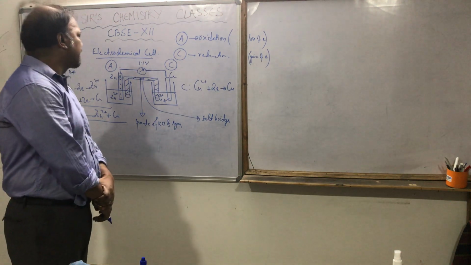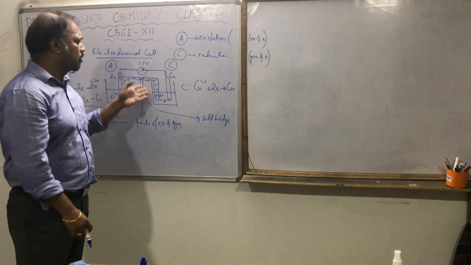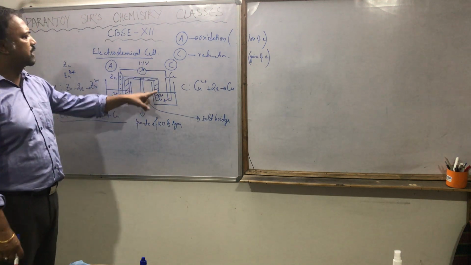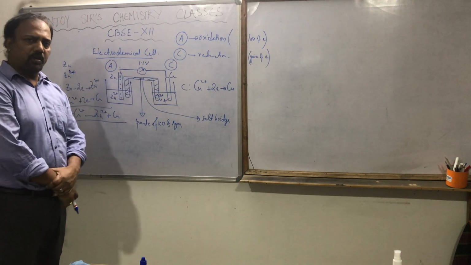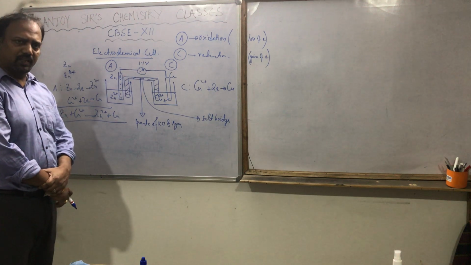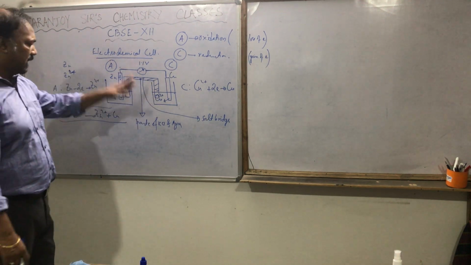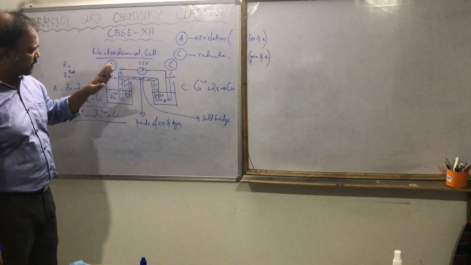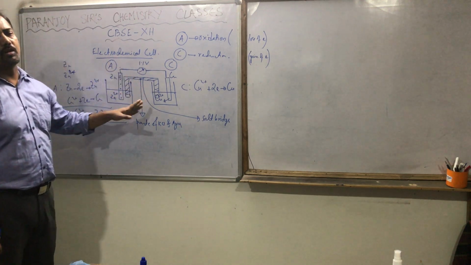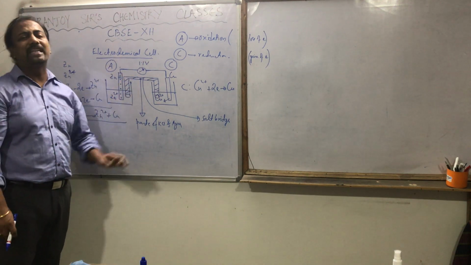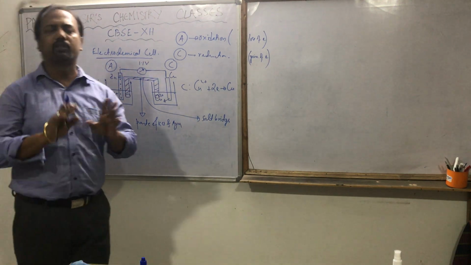But one more thing: what is the role of the salt bridge? One point you already understood, that it is responsible for completing the circuit. That's the first thing. And the second thing is that it maintains the neutrality of the complete cell.